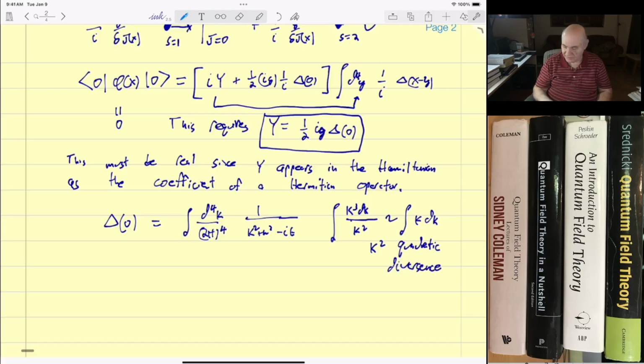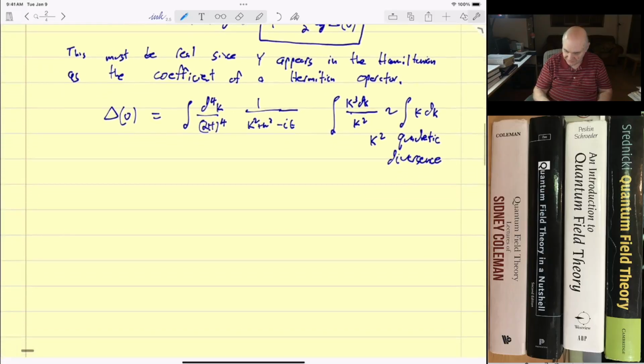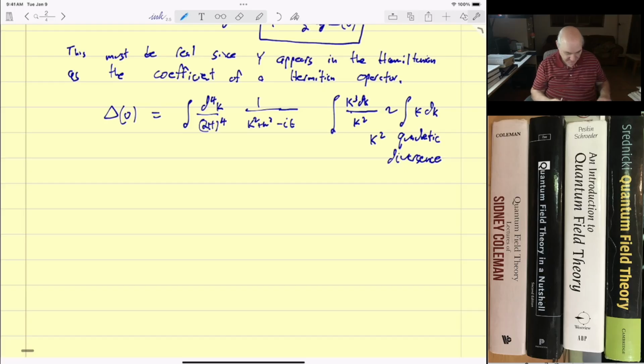Now in field theory we're going to encounter divergences all the time, so we don't panic. We call this type of divergence an ultraviolet divergence, because it diverges as k goes to infinity.